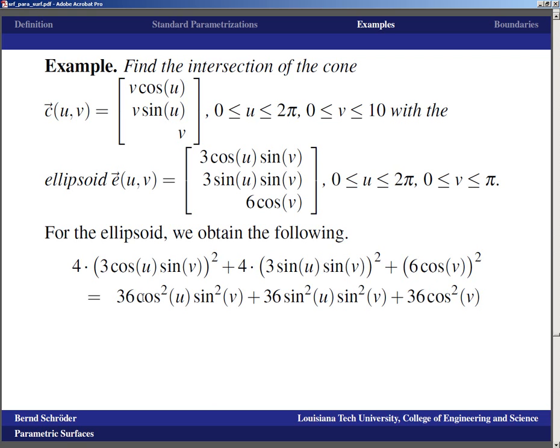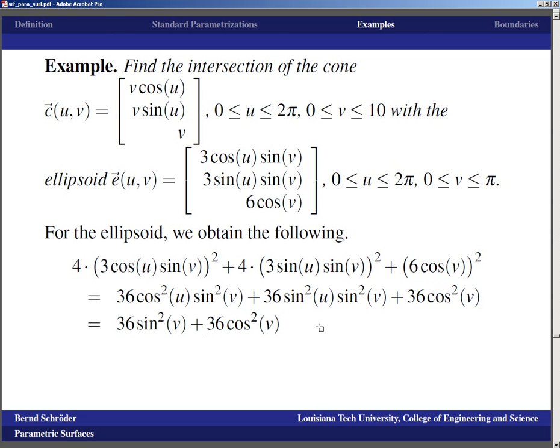If we now factor out a 36 sine squared v out of the first and out of the second term, all that is left is cosine squared u plus sine squared u, so this just is 36 sine squared v plus, of course, we have to keep the last term, and we happily do so.